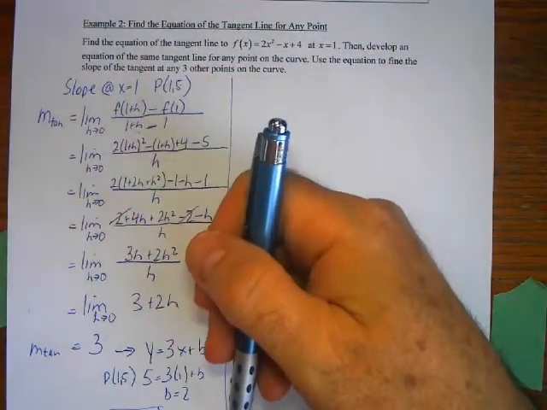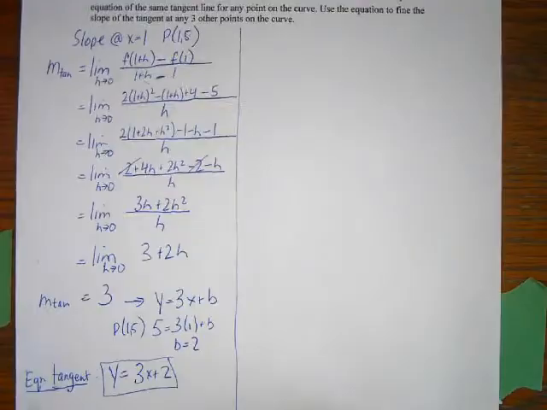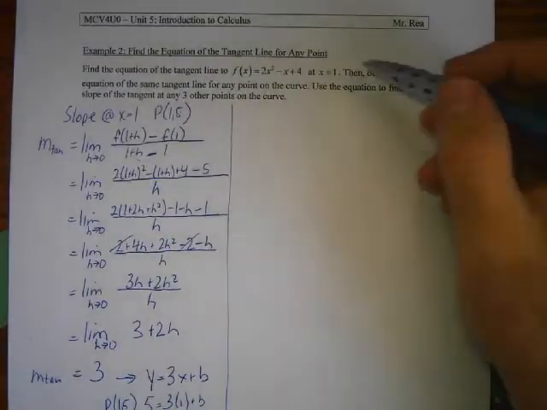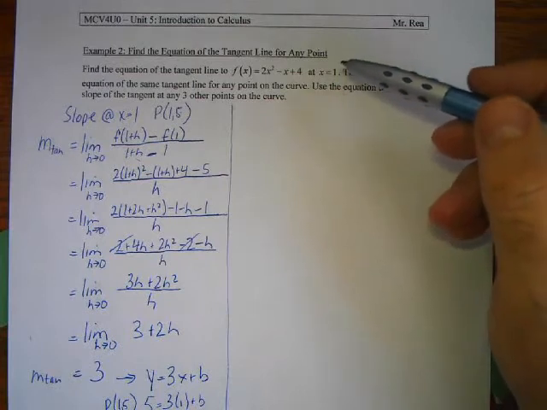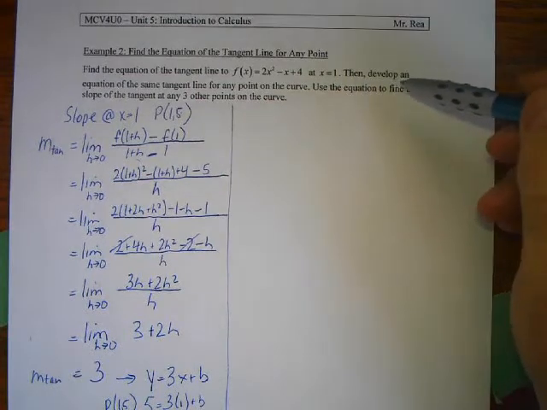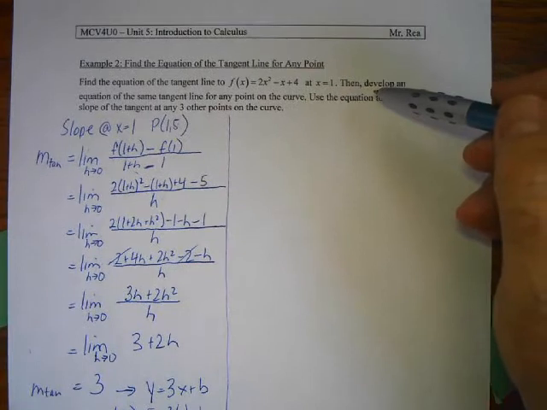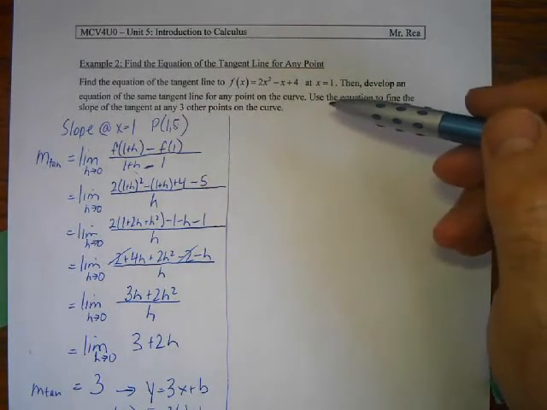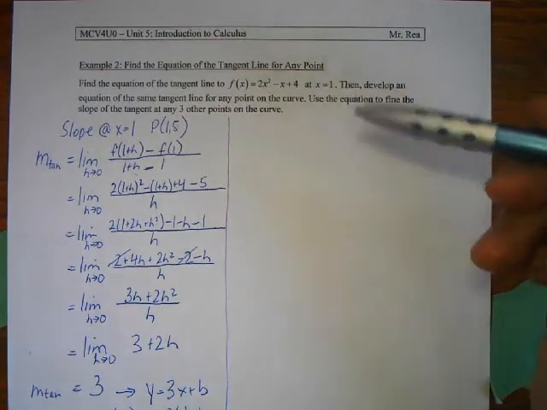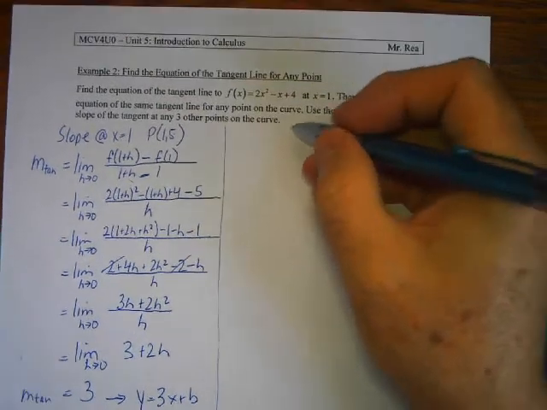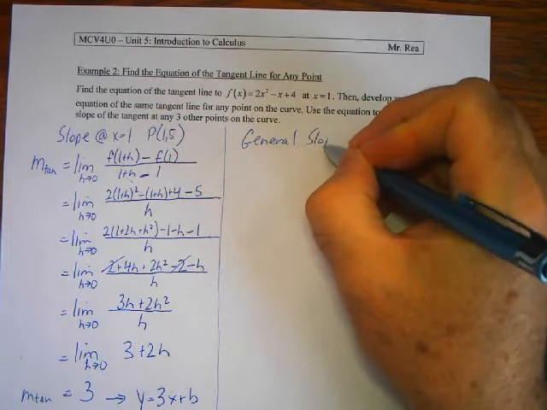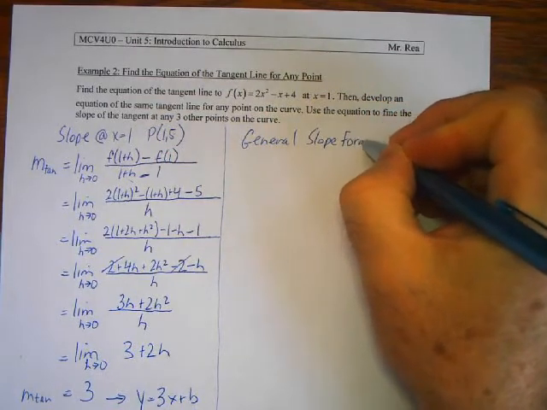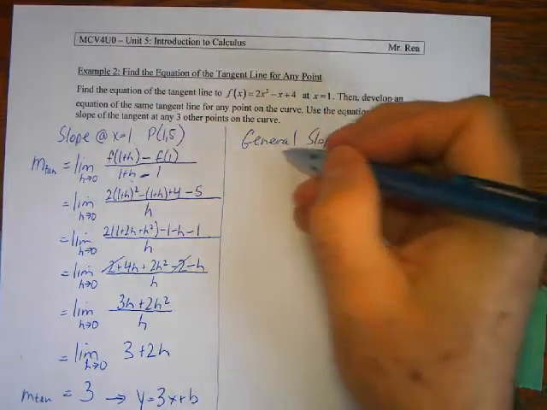So what they want us to do is develop an equation of the tangent line for any point on the curve, and then use this equation to find the slope at any three other points on the curve. We call this the general slope formula. And you're going to see this is a little more useful than finding it for a specific point.